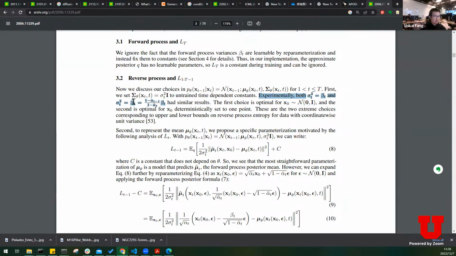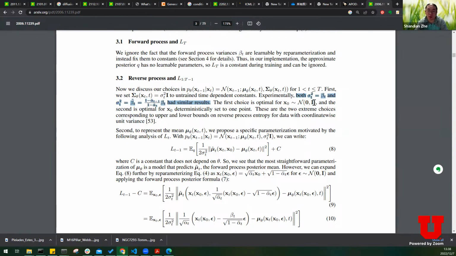Beta t hat merges all the previous noise steps, and they say both settings, with constants, give similar results. So in their generation procedure, they assume the variance at each step is just sigma t squared.